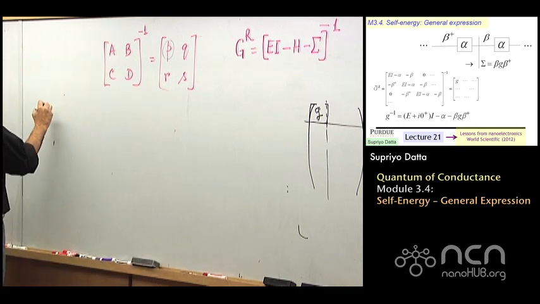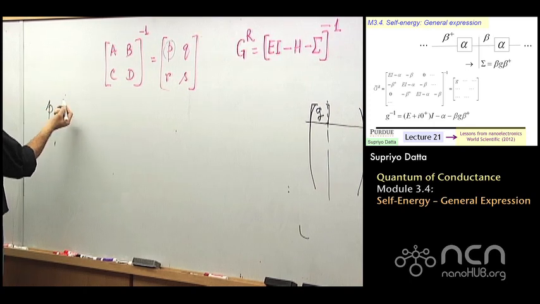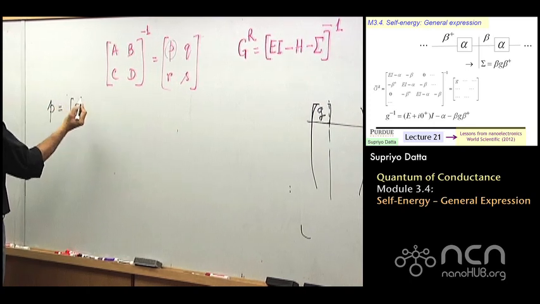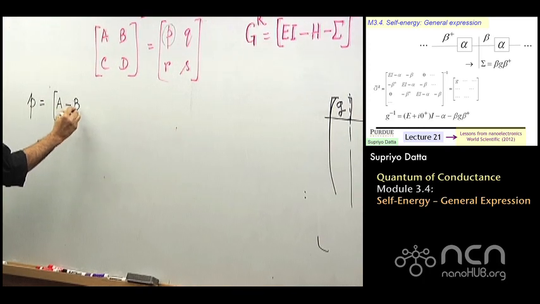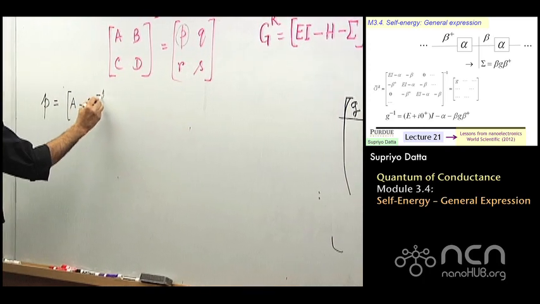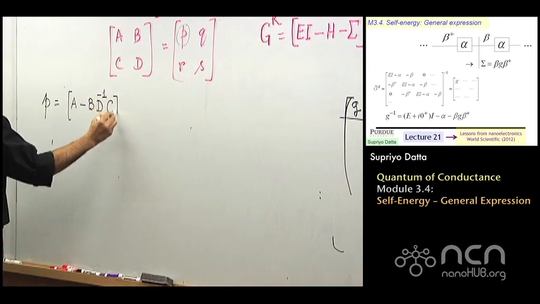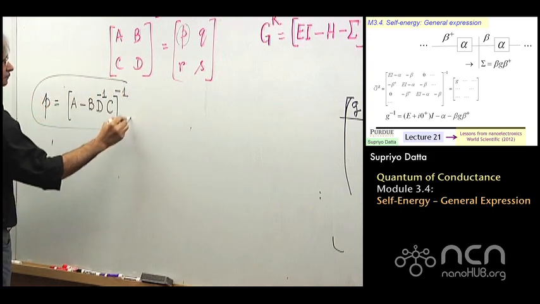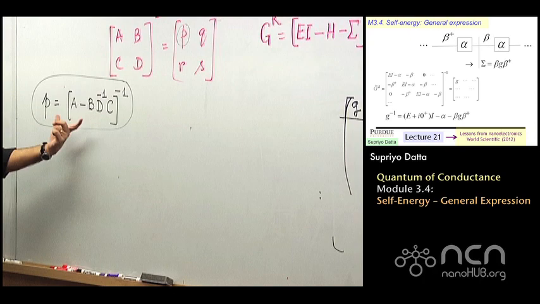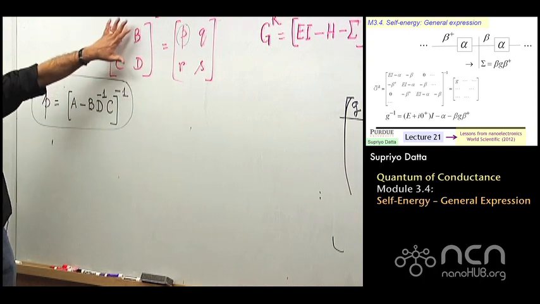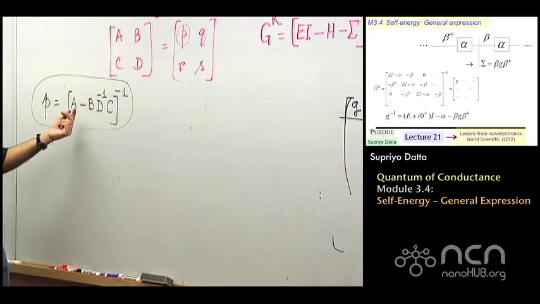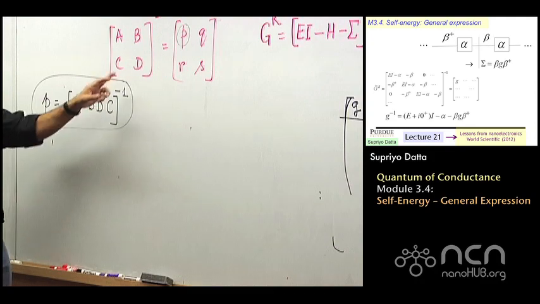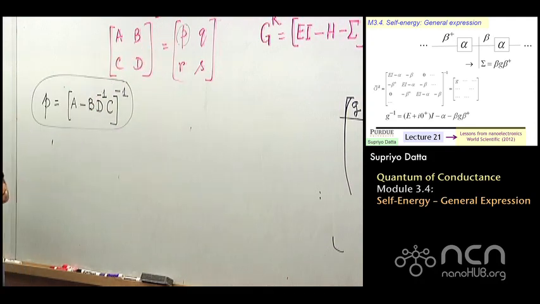The way you can get P is by taking A minus B D inverse C and then inverting the whole thing. So if we just took A minus B D inverse C, instead of inverting the whole matrix, you'd get the correct answer for P.